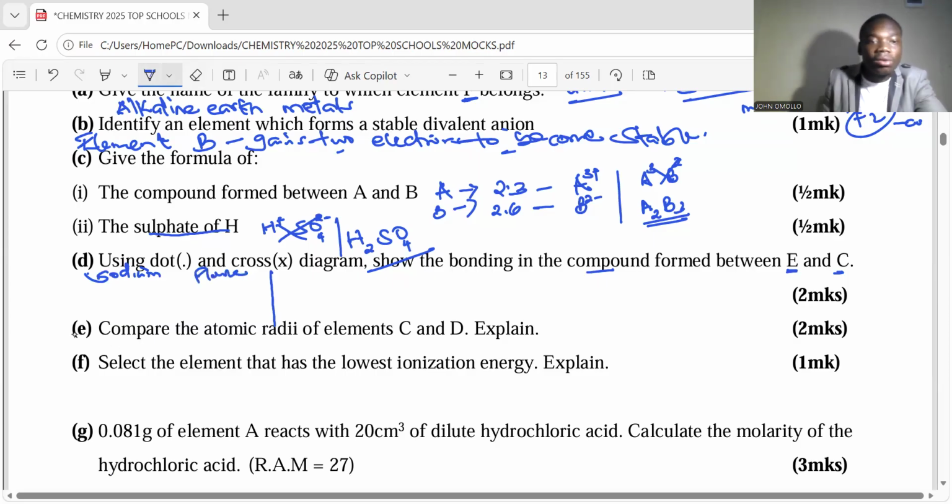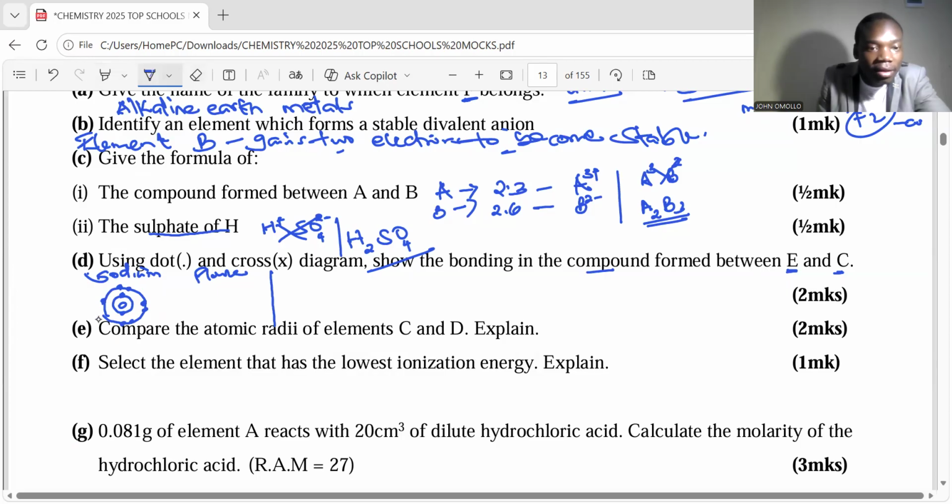So for the sodium atom, we begin with the nucleus, followed by the first energy level with 2 electrons, followed by the second with 1, 2, 3, 4, 5, 6, 7, 8, and lastly 8 plus 2. 8 plus 2 is how many? 10. 8 plus 2 is 10.